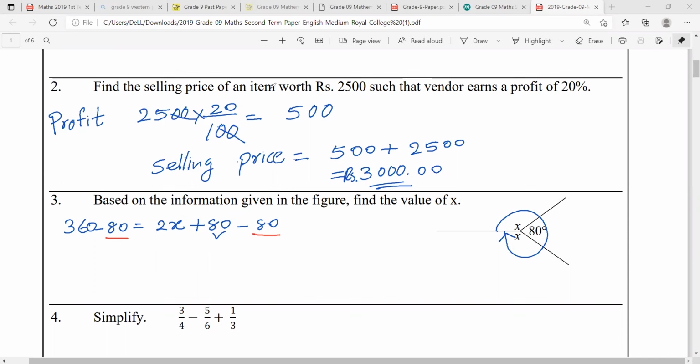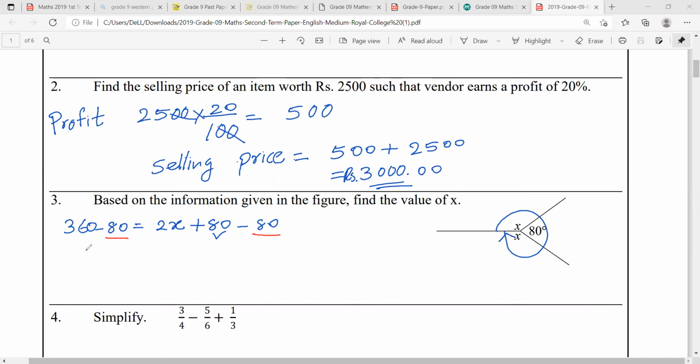Then you get 360 minus 80, which is 280, equal to 2x. Then you can divide this by 2, and here you divide this also by 2.